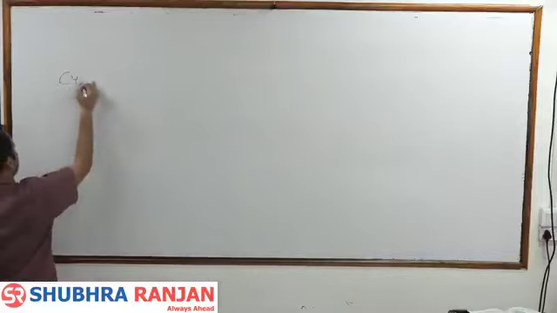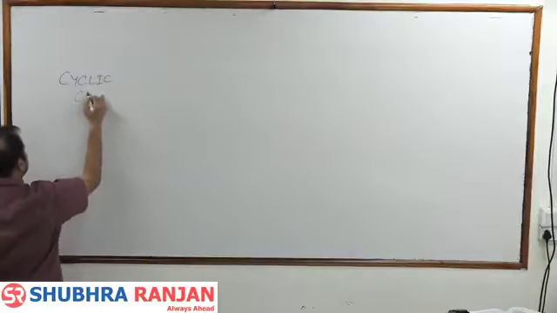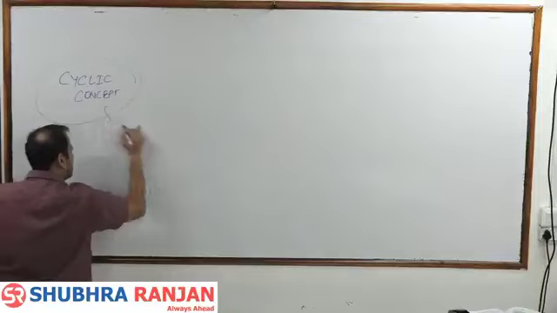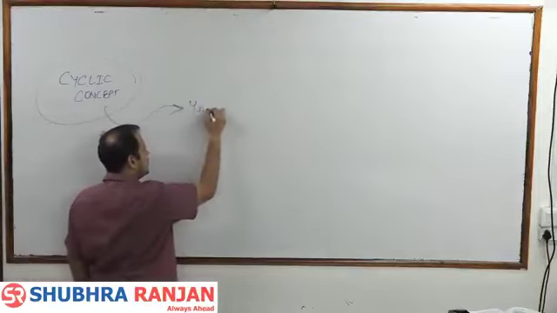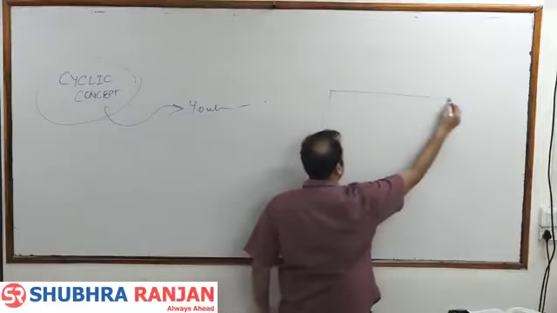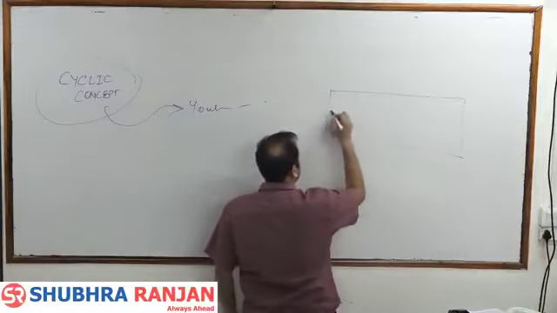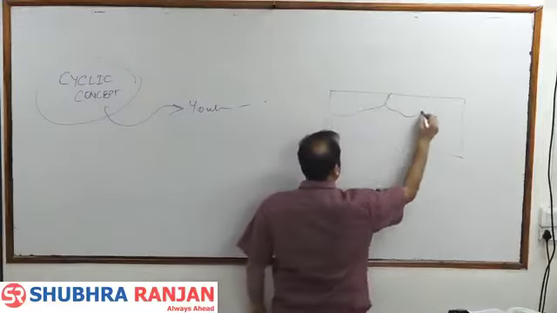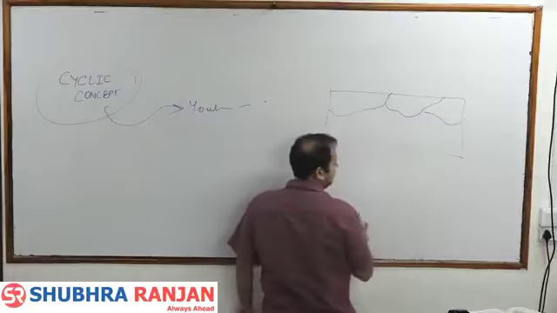So we will call this concept as cyclical concept. Cyclical concept says that landform goes through youth, mature and old age. But real life studies have shown that if this is my imaginary landform, and this imaginary landform is made up of 3 different types of rocks.